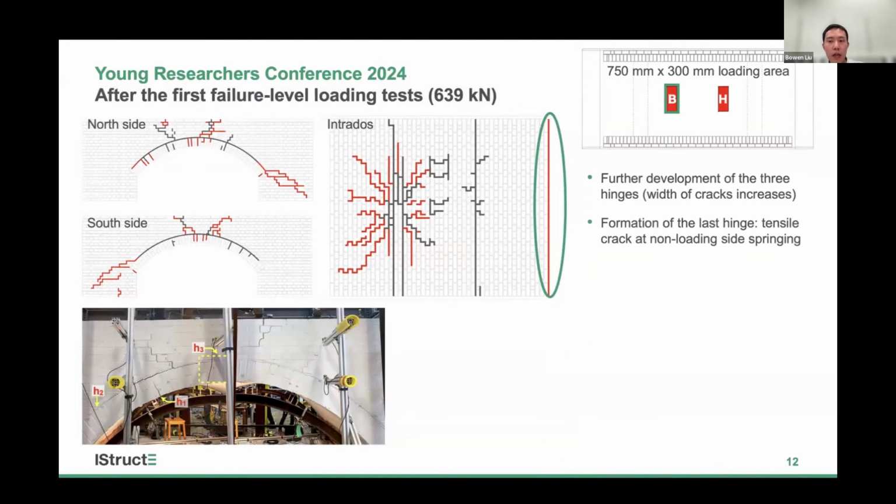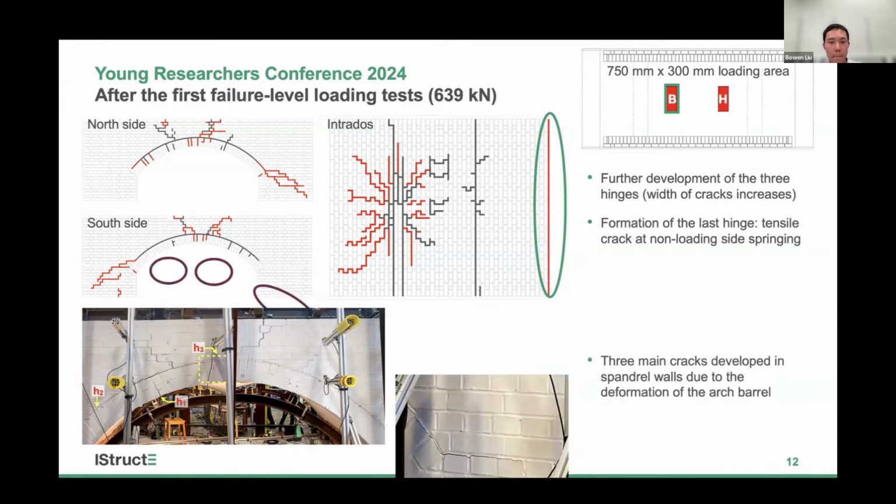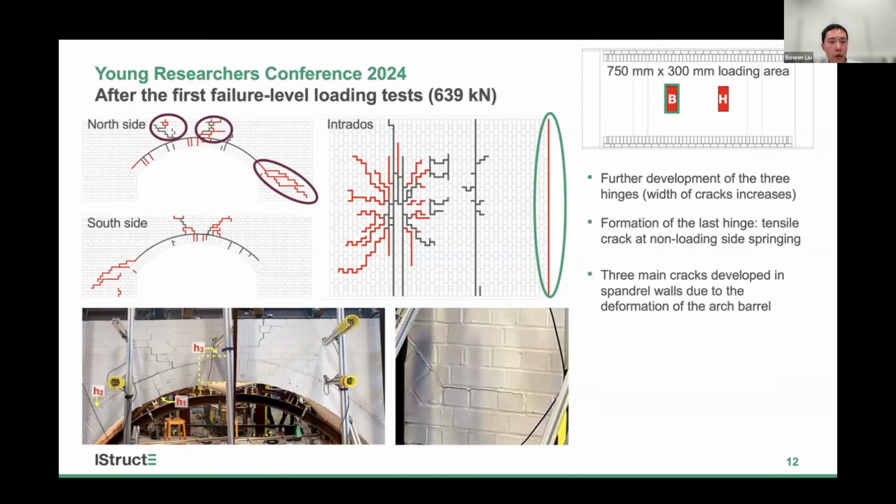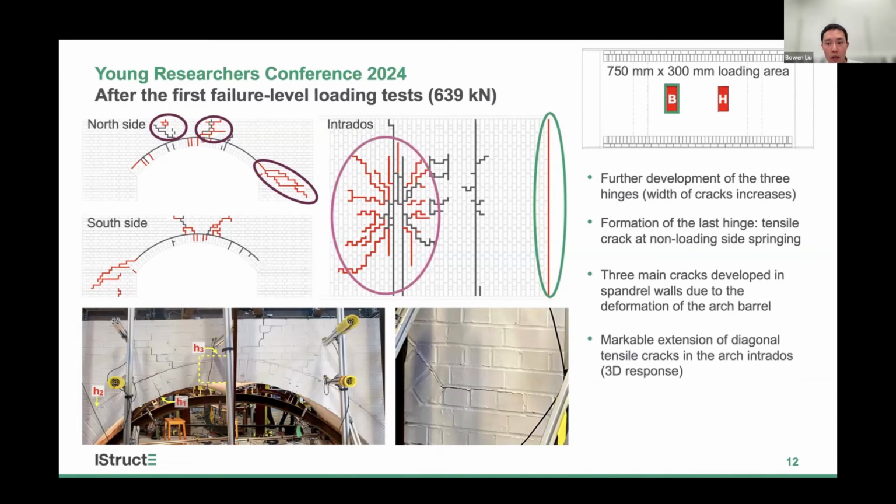The formation of the last hinge is at the non-loading side springing. And also the 3 main cracks occurred in spandrel walls, which separate the wall into 4 parts. This remarkable extension of diagonal tensile cracks in the arch intrados is evidence that the arch barrel behaved in a 3-dimensional way under patch load.